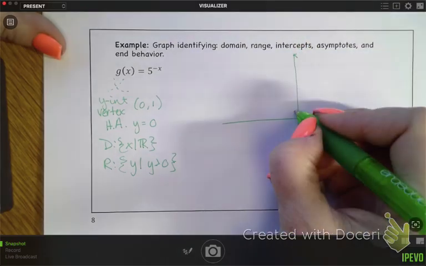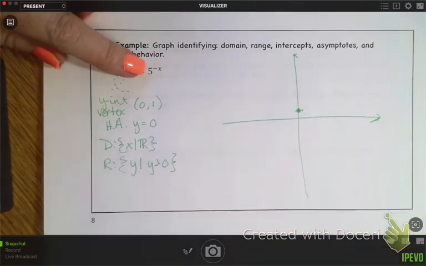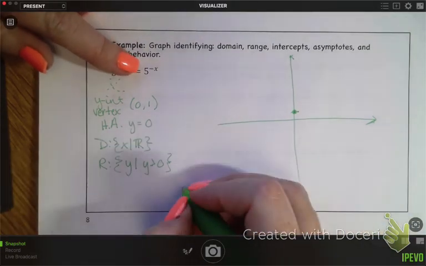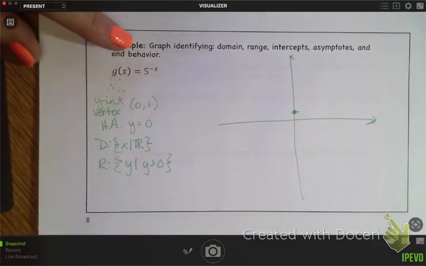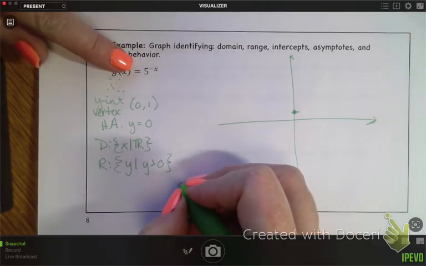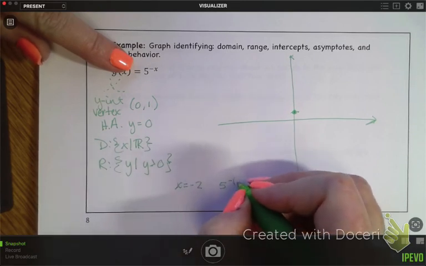So 0, 1. I'm going to pick a point to the left. I'm going to use x equals 2 or negative 2. So I have 5 to the minus a negative 2.